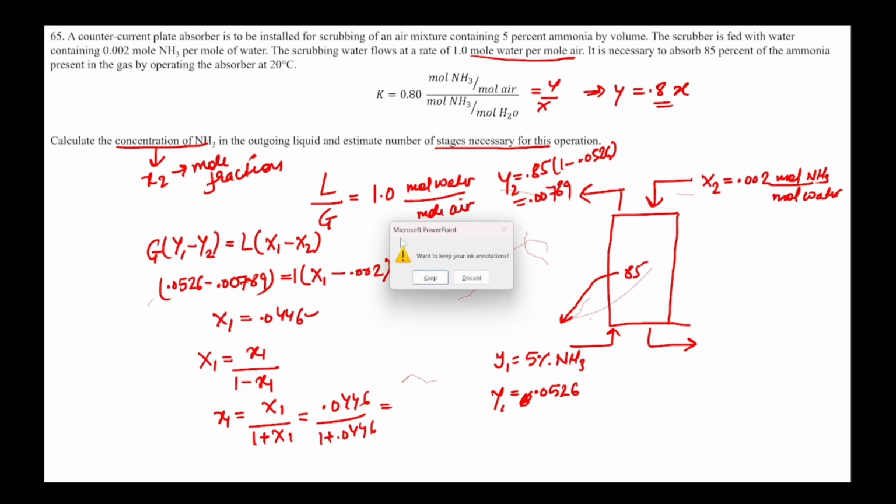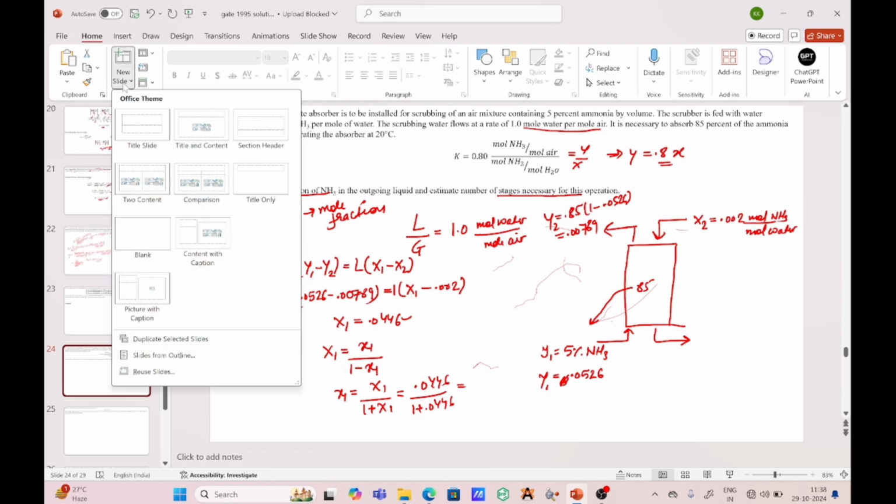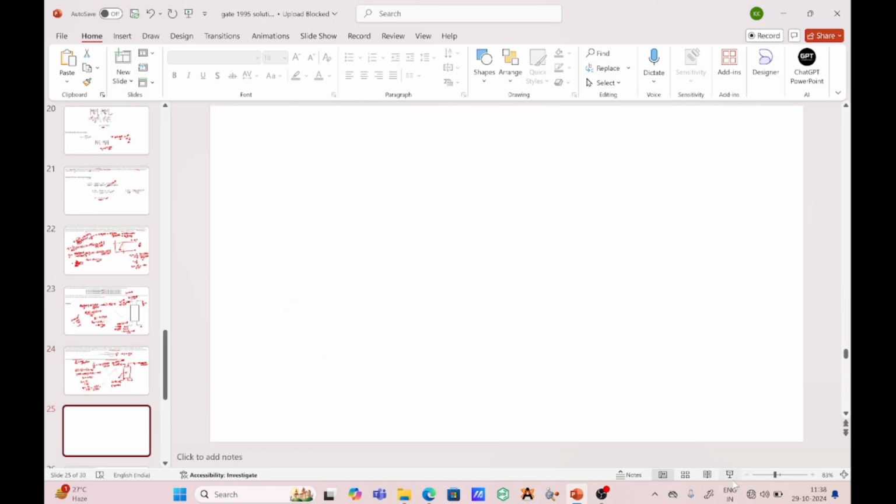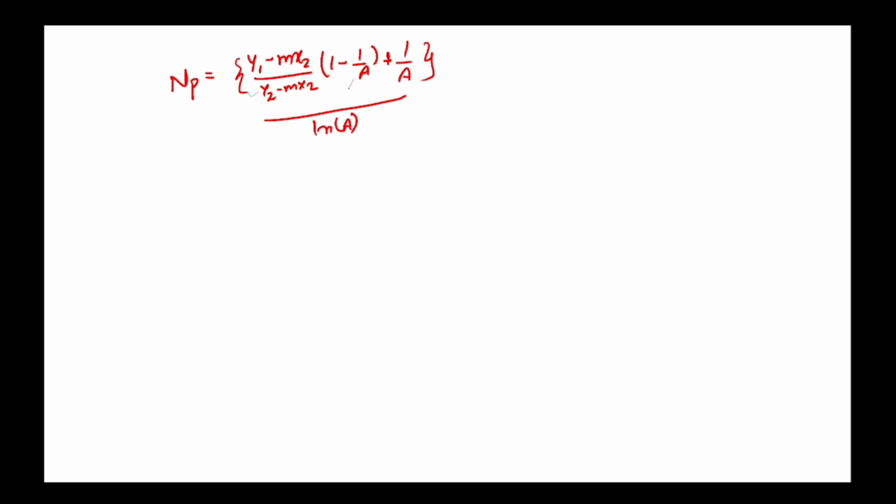So the number of plates will be ln of y1 minus mx2 upon y2 minus mx2, times 1 minus 1 upon A plus 1 upon A, all divided by ln A. Okay, this whole value ln will come.